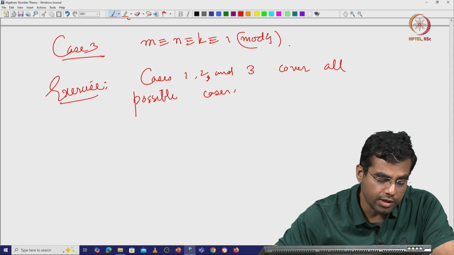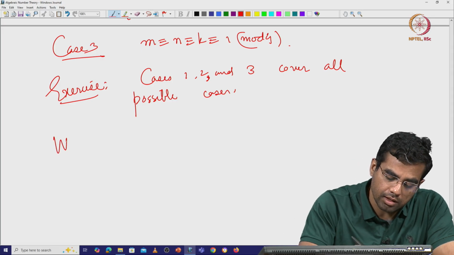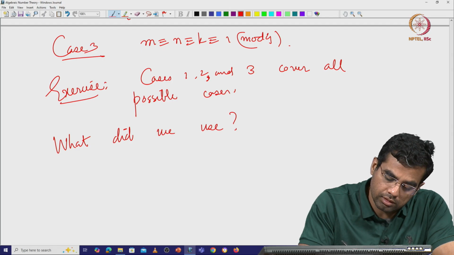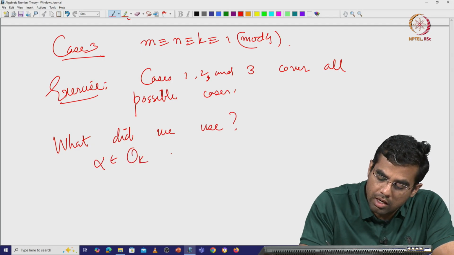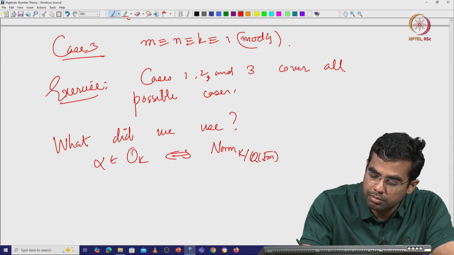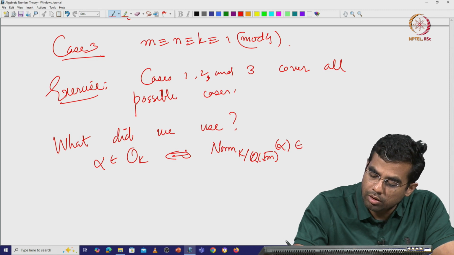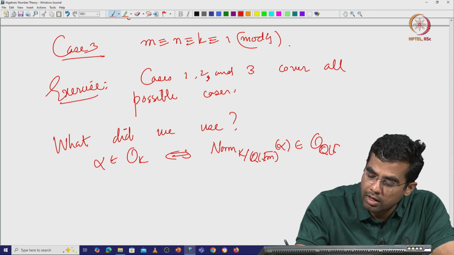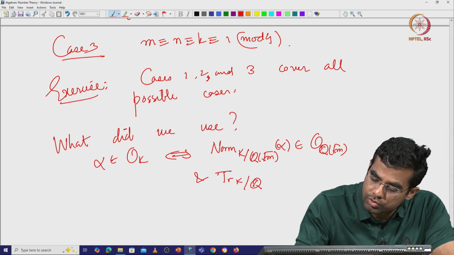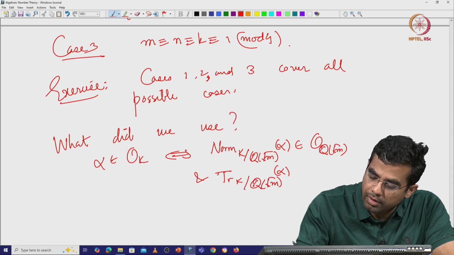Okay. And what did we use last time? We used that α belongs to O_K if and only if the norm from K to Q(√m) of α belongs to O_{Q(√m)}, and the trace from K to Q(√m) of α belongs to the ring of integers again.